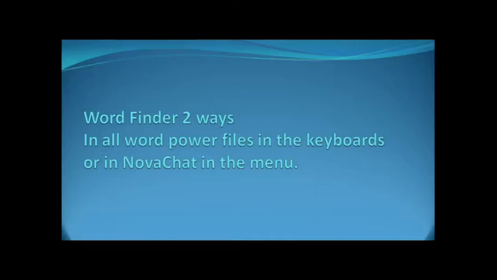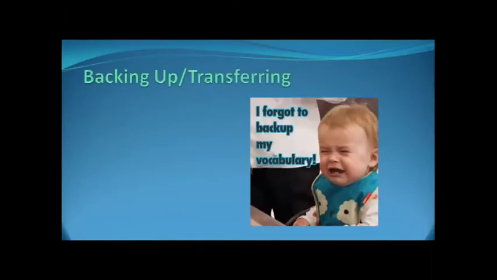It only works on the devices. On the keyboard, there's a button, and you type in the word and then say find word, and you will get it. On the Touch Chat app, it's a little different in that you select find word first, and then you type it in. So just play with it.